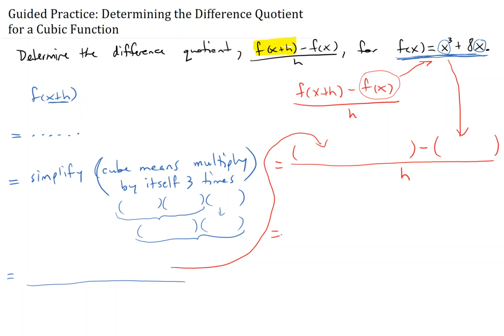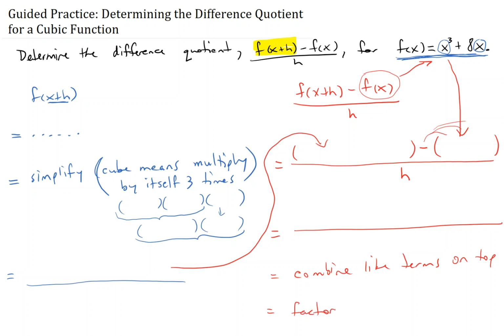Once you've got that written out, you can drop the first set of parentheses, right? They're just going to go away, and you're going to distribute the negative over here to however many terms. And then you're going to combine like terms on the top. Once you've done that, every term on top should have an h in it. You're going to factor h out on top.